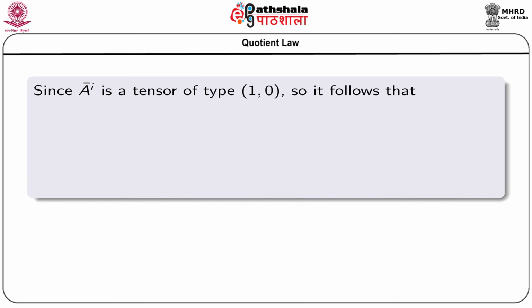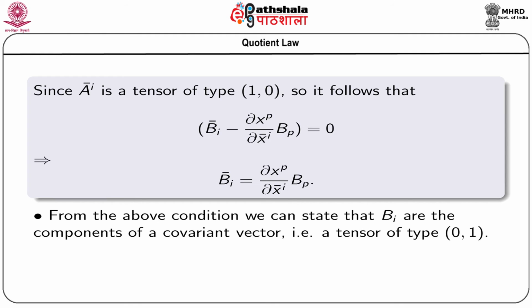Now, since A bar^i are the components of a tensor of type 1, 0, it follows that B bar_i minus del x^p del x bar^i B_p equals 0. So, B bar_i equals del x^p del x bar^i B_p. From the above condition, we can state that B_i are the components of a covariant vector, that is a tensor of type 0, 1.